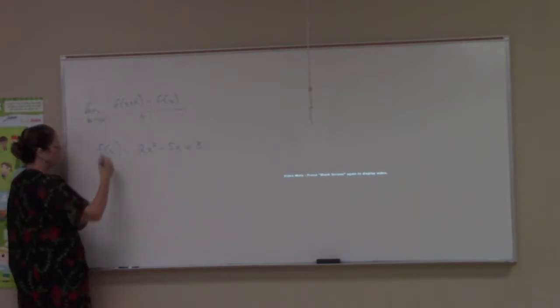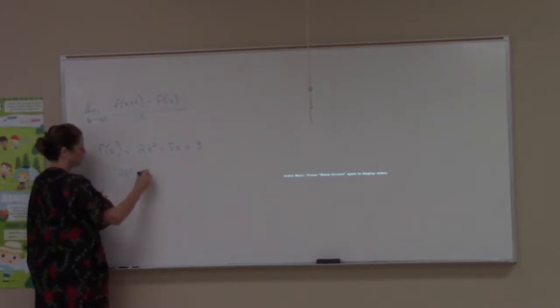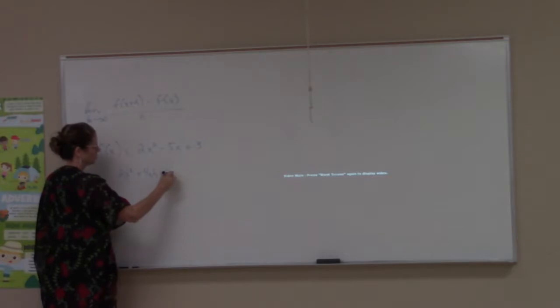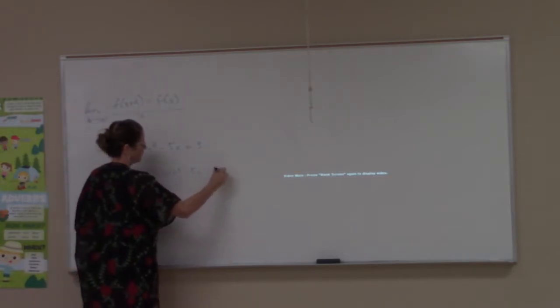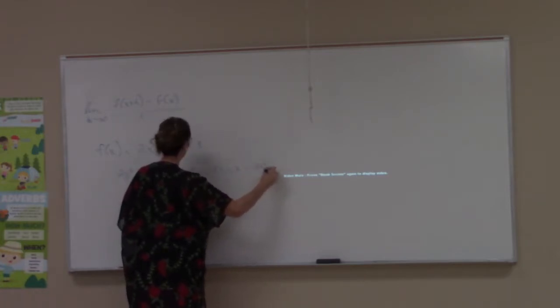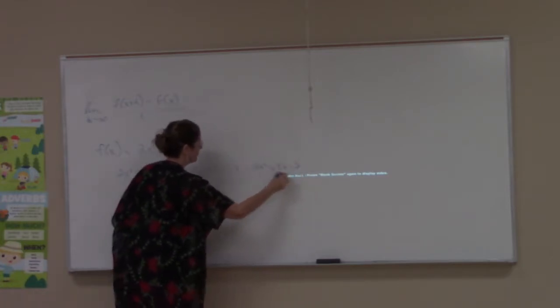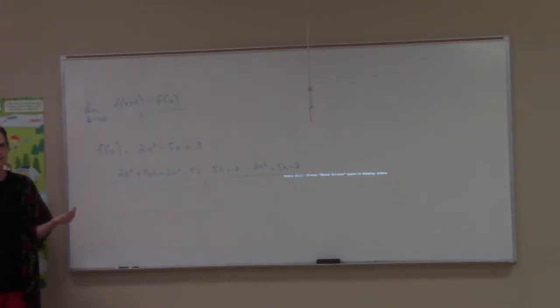So using the definition of the derivative, I'm going to go ahead and take some shortcuts. So 2x squared plus 4xh plus 2h squared minus 5x minus 5h plus 3 minus 2x squared plus 5x minus 3, all over h. Okay, all looks really familiar, right? So just watch. You don't have to write this down.